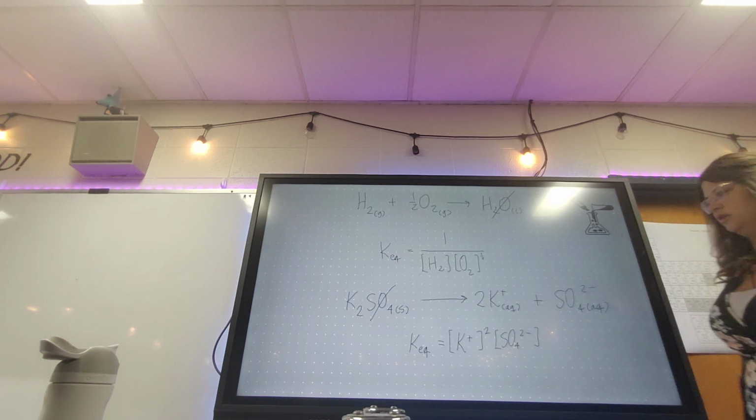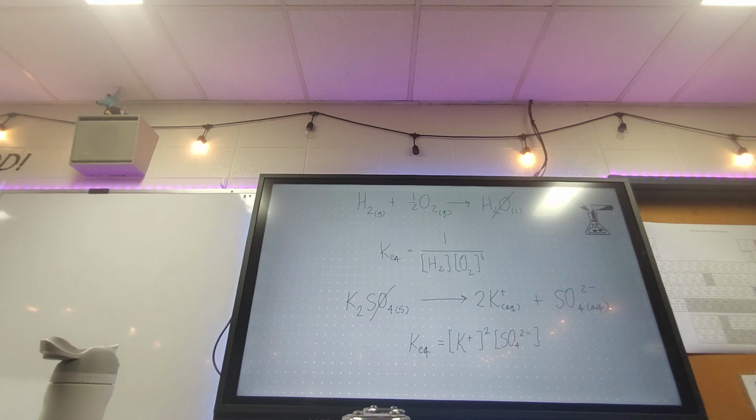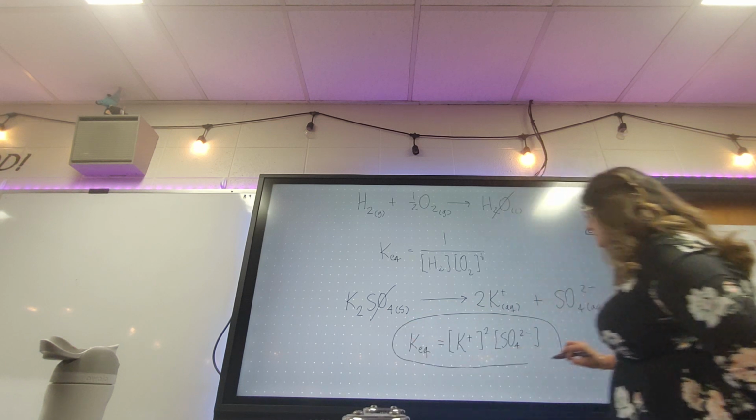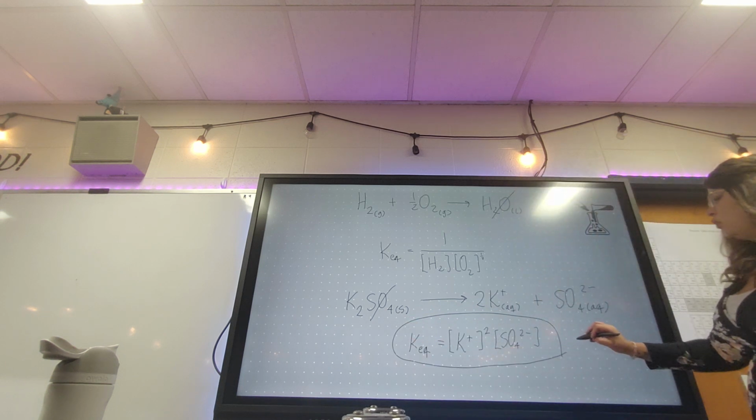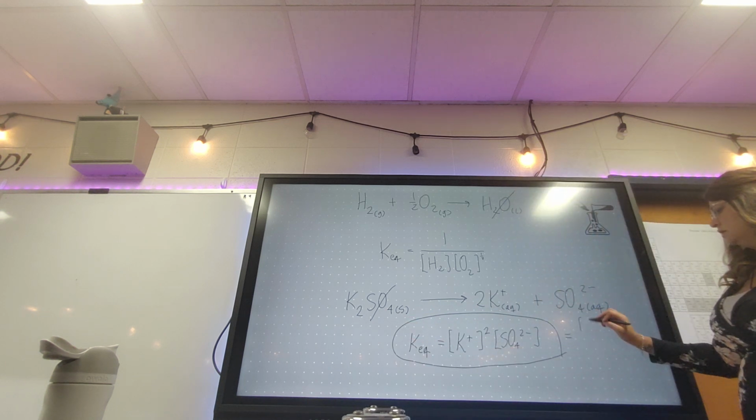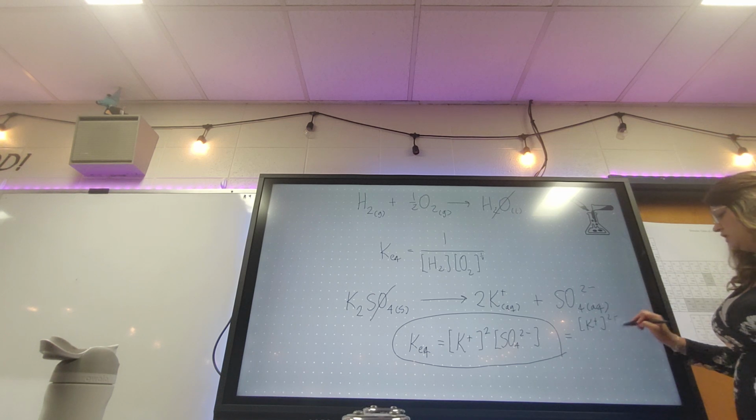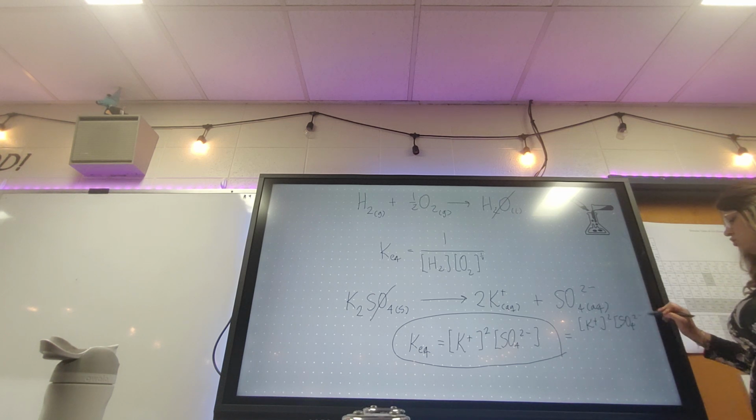As well as SO4, that also needs to keep its 2 minus. And so here, this is my final answer. I could, if I wanted to, write my numerator over 1, but I don't need to, so I don't, because I'm lazy.